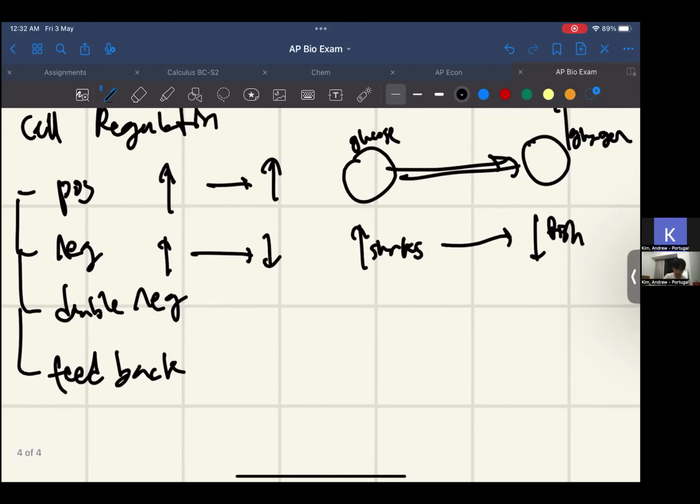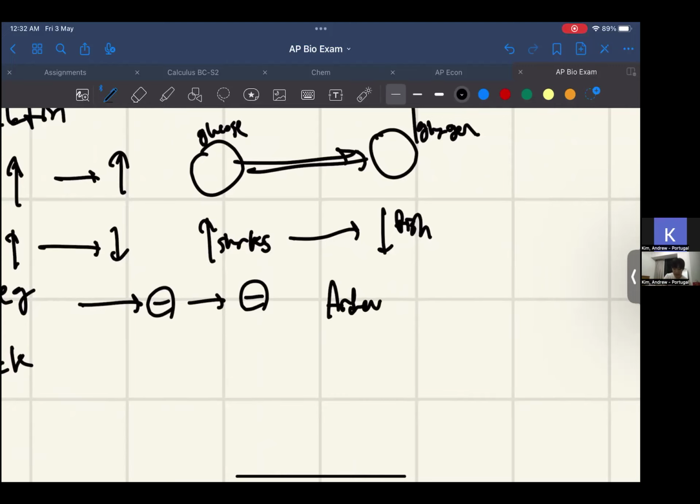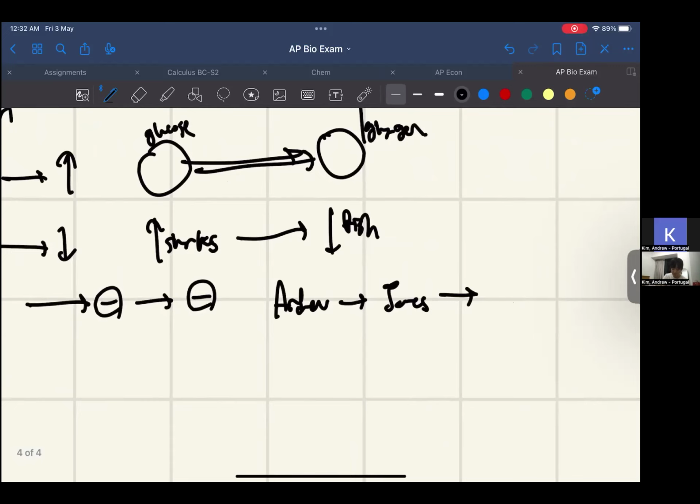Now, double negative is when one causes a negative, but this negative causes another negative, ending up as positive. Let's say I'm Andrew, right? I hate someone named James, but James hates Justin. Then I would love Justin, right? Because I hate James and James hates Justin. So Justin is sort of my friend because we both hate James, right?